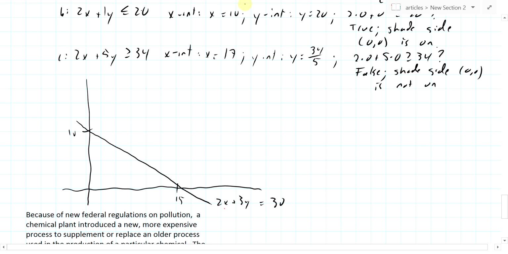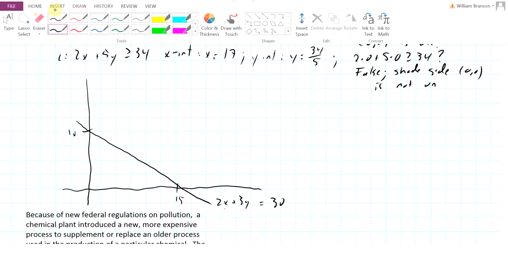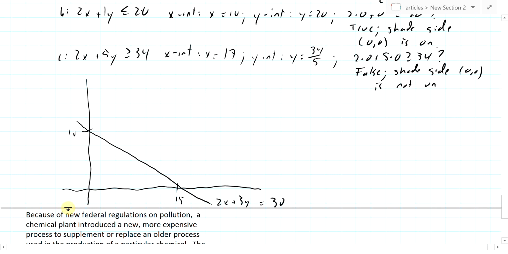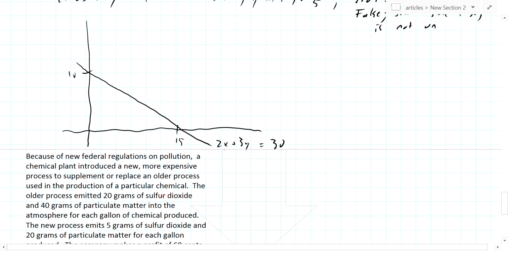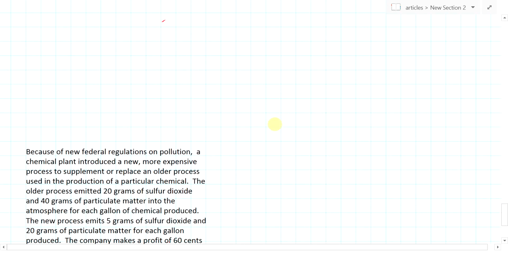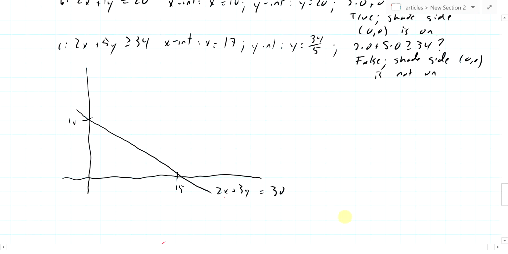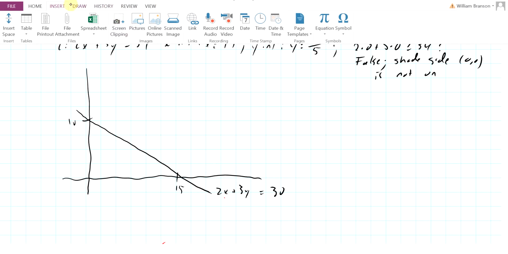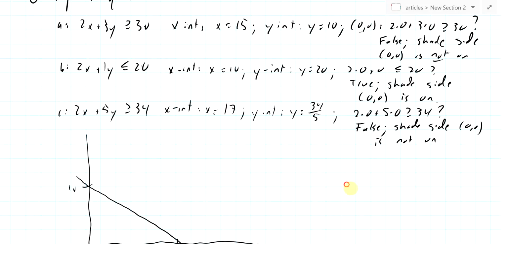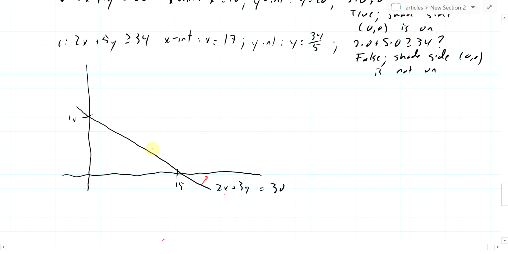And clearly I didn't give myself enough space. We want to shade, we'll put in some red arrows here, the side 0, 0 is not on, so we're interested in this side of that line.